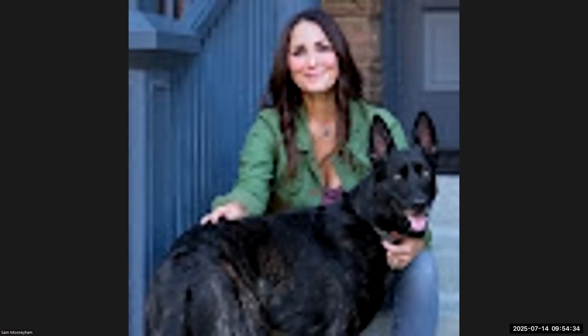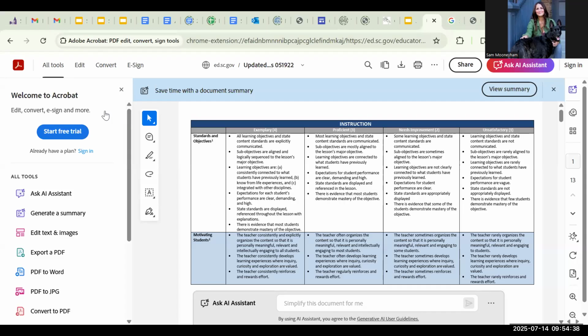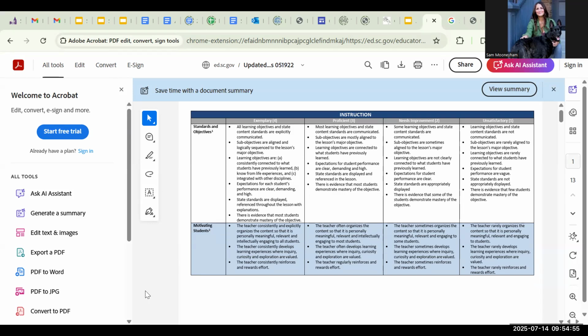You are going to be so familiar and comfortable with this rubric. By the time you finish student teaching, you are going to be a pro at looking at this rubric and aligning your lesson plans to meet the very highest possible standard.